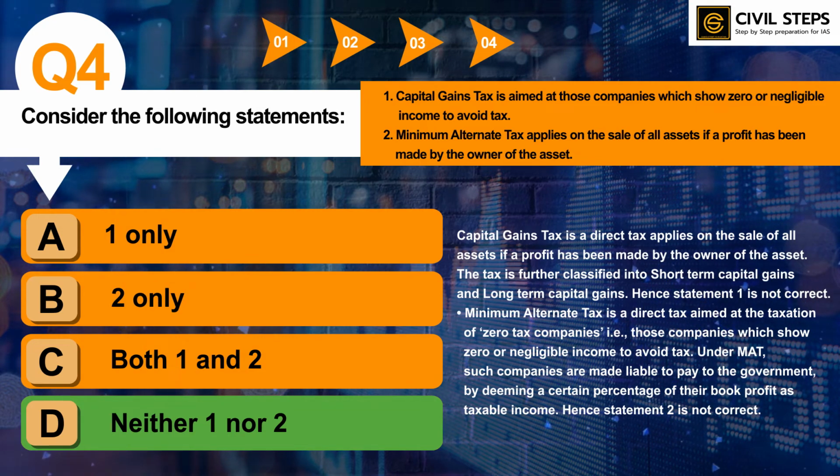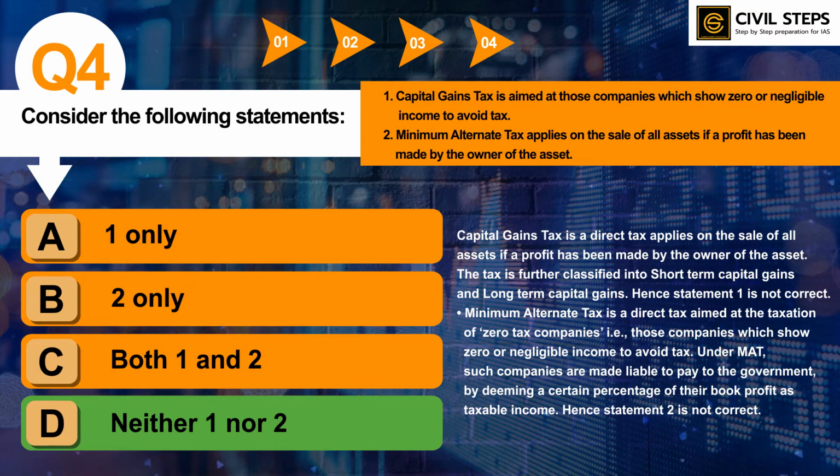About statement 2, minimum alternative tax is a direct tax aimed at the taxation of zero tax companies, that is, those companies which show zero or negligible income to avoid tax. Under MAT, such companies are made liable to pay to the government by deeming a certain percentage of their book profit as taxable income. Hence, statement 2 is not correct.